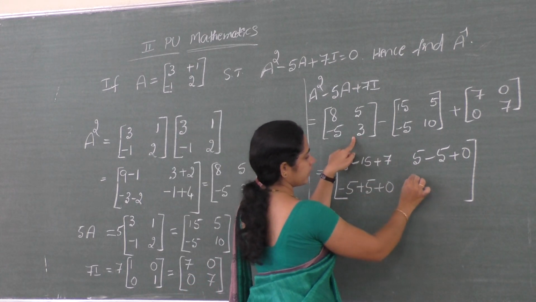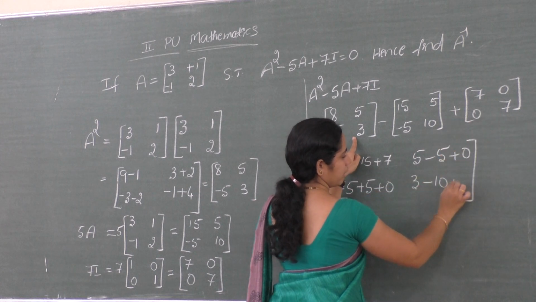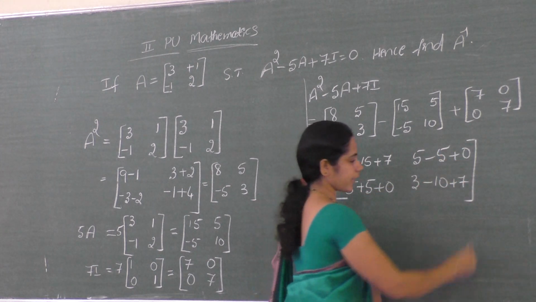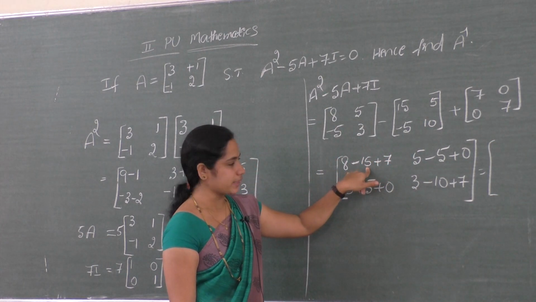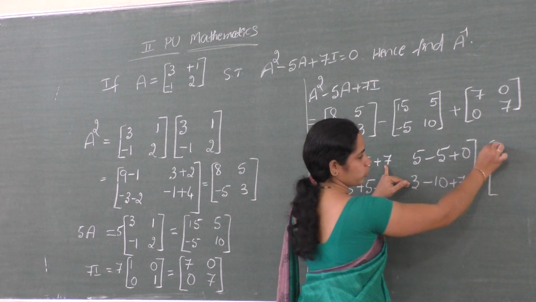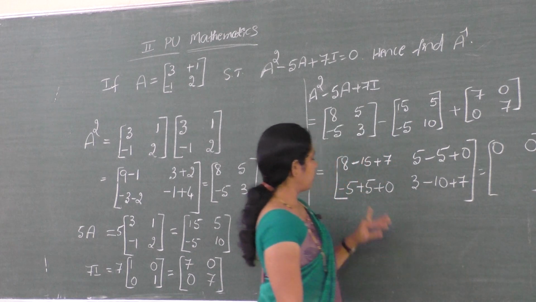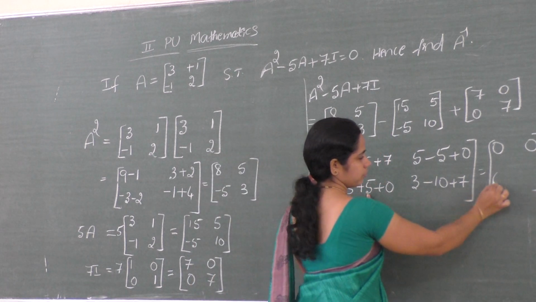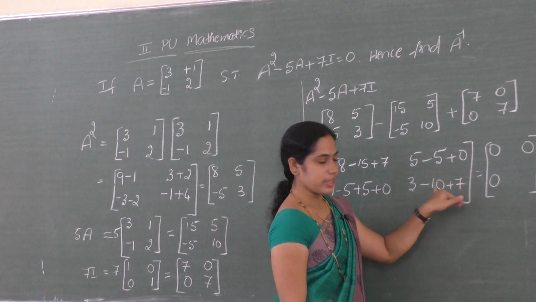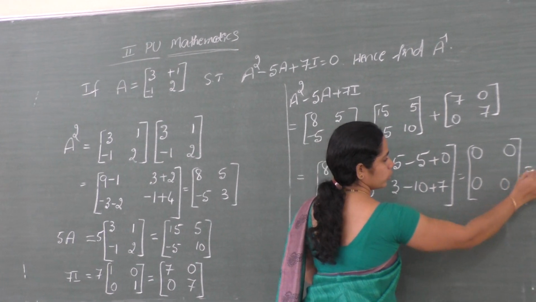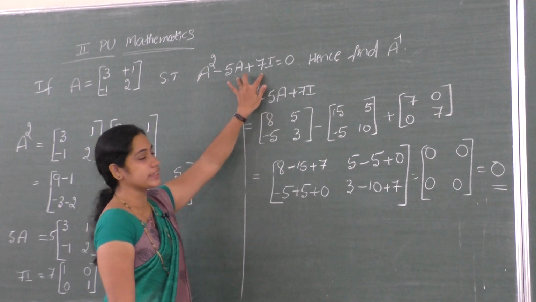Next one, 3 minus 10 plus 7. This is equal to 8 minus 15 minus 7 plus 7, 0. 5 minus 5, 0. Minus 5 plus 5, 0. 3 minus 10 plus 7, 0. So this is equal to 0 matrix. This is the first part.